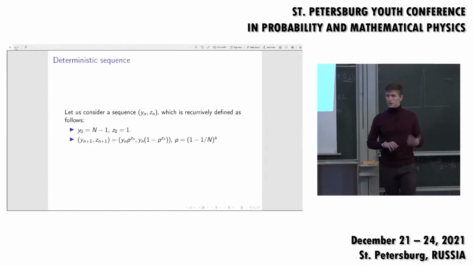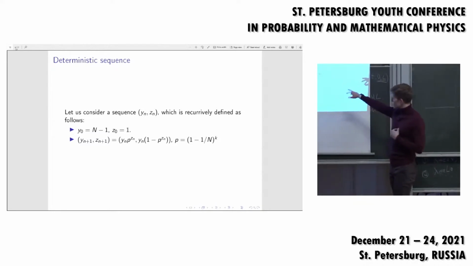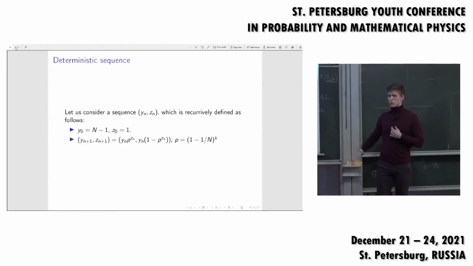Again, Y0 is n minus 1, Z0 is 1, and you can see the recurrent formula for Yn and Zn. P is the probability for one individual to not be infected by one infected person.